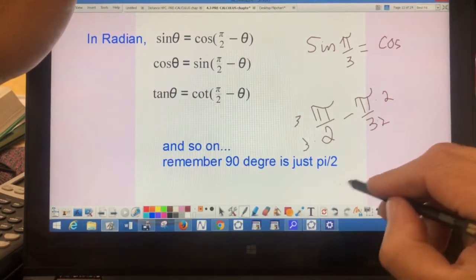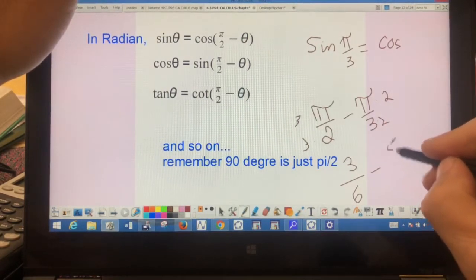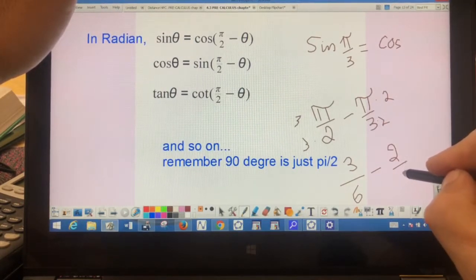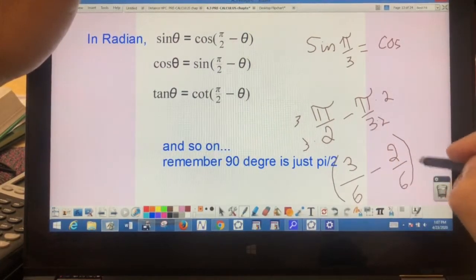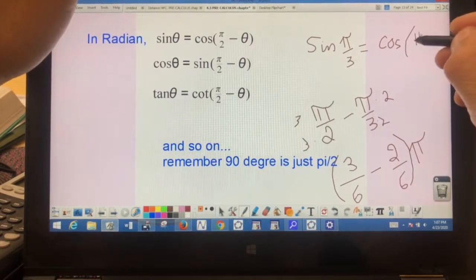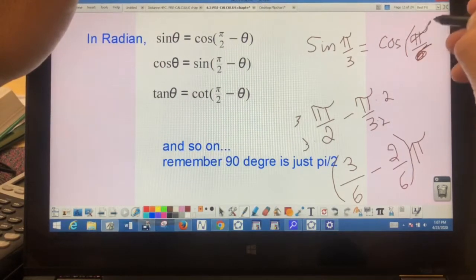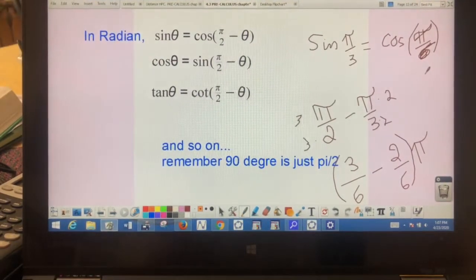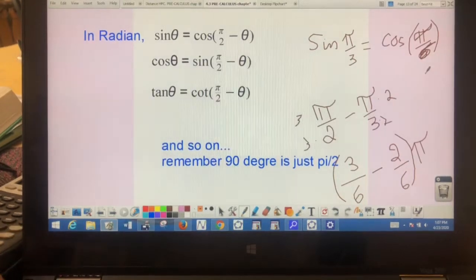So now you have 3 pi over 6 minus 2 pi over 6. I didn't write the pi, but you can just think of it as being factored out. So that should be 1 pi over 6. Hope my number is right. That's pi over 6. Okay? So sine of pi over 3 is equal to cosine of pi over 6.